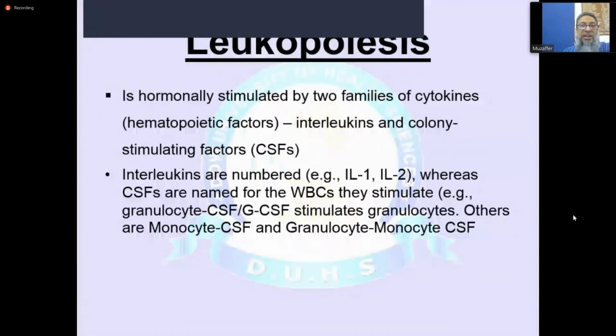So hormonally, these cells are stimulated by two families of cytokines, the hematopoietic factors. An important role is played by the interleukins and colony stimulating factors.